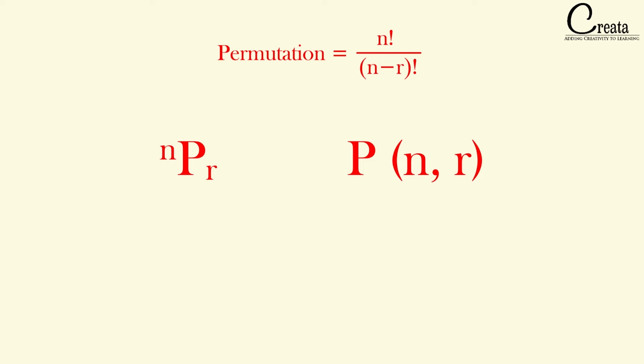Now we will take the different cases of n and r, and this will help you understand the concept in further detail. So let's take our first case. Our first case is when n is equal to r. It means that the number of given items to arrange is equal to the number of vacant places.